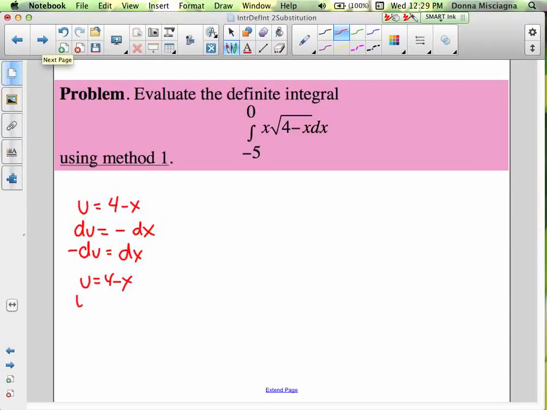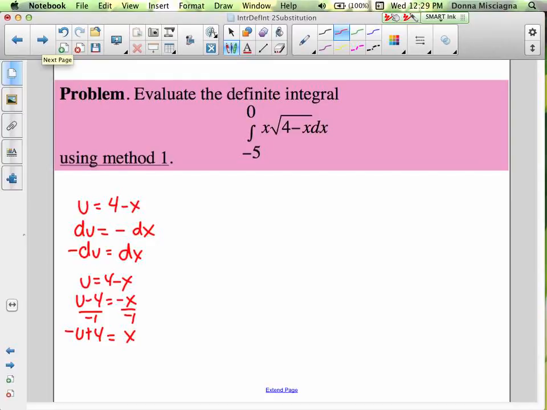So if I do u minus 4, that equals negative x. And then divide by negative 1. I think I did something like this on the podcast. So this would be negative u plus 4 is equal to x. Will that make it better?